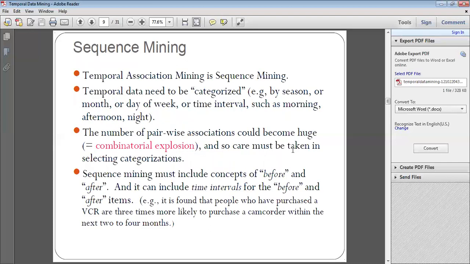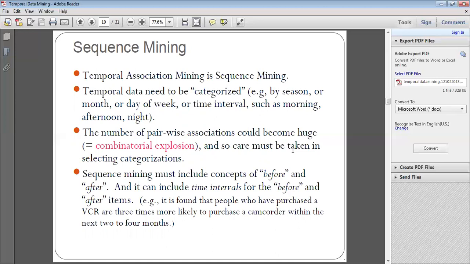Okay, so to sequence mining. In sequence mining, we apply temporal association mining, and we find events related to each other and connect them with each other by concepts like before and after.